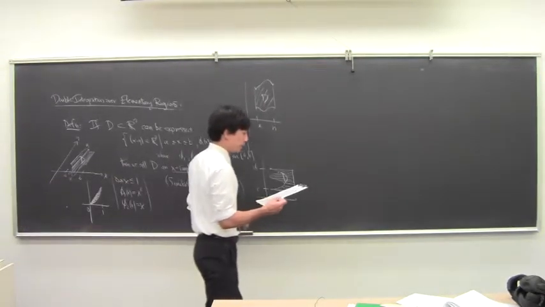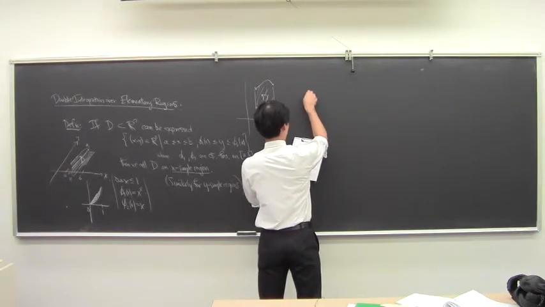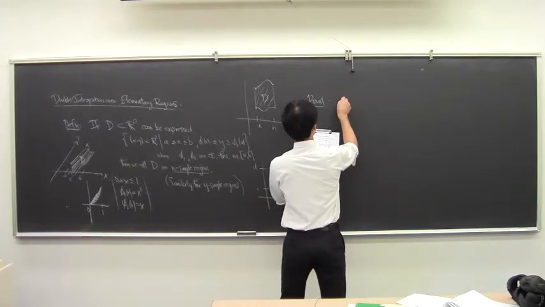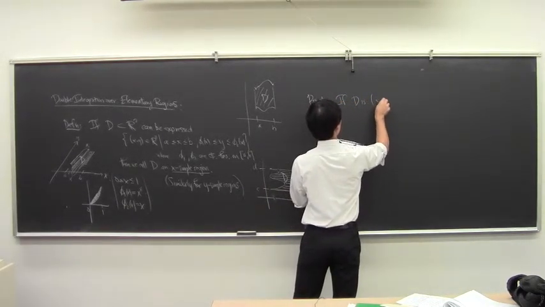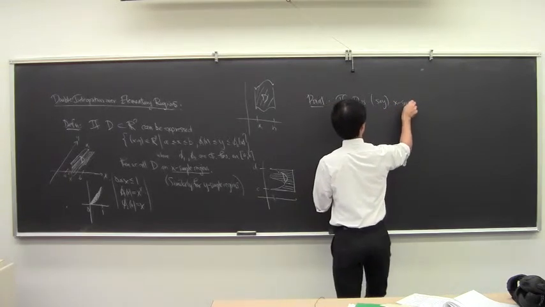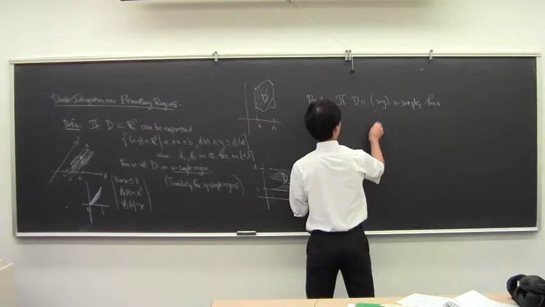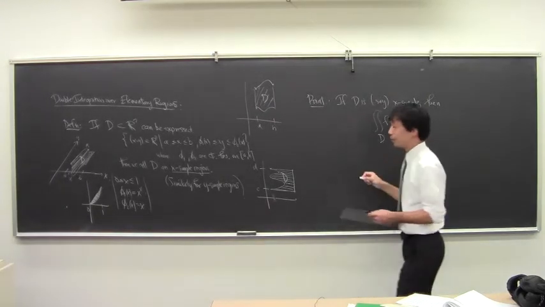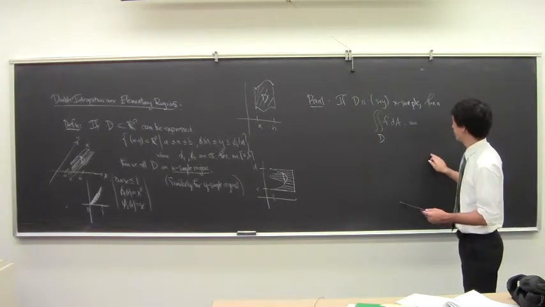Okay, so here's the point. If D is, say, x-simple, then the integral over D you can realize as a double integral, as two single integrals.